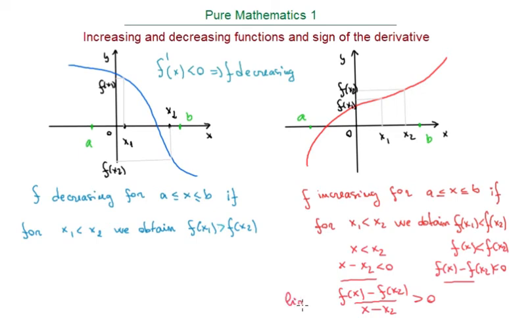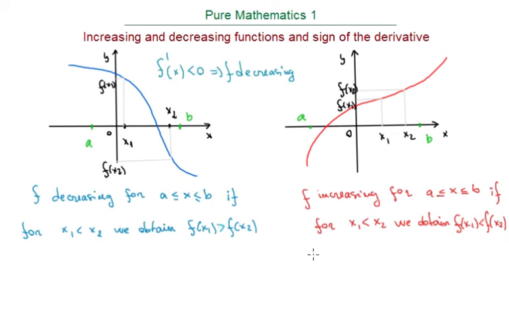Add to this again the limit when x approaches x2, and what we get is actually the derivative of f in x2. In other words, for an increasing function, the sign of the derivative will be plus, the derivative will be positive. We will erase the calculations and keep only the result, which is that if f dashed of x is positive over the interval from a to b, then that means that f is increasing.